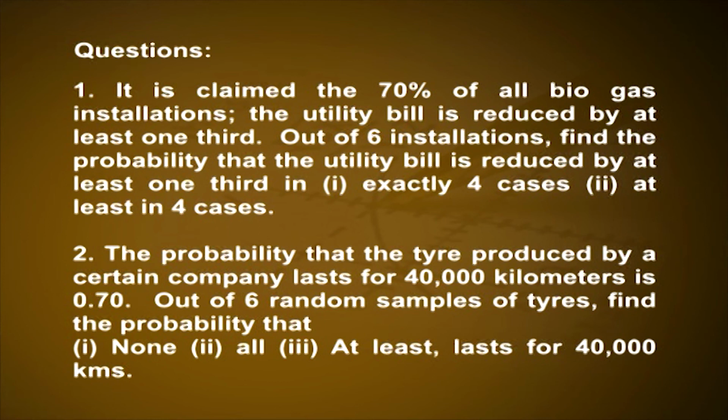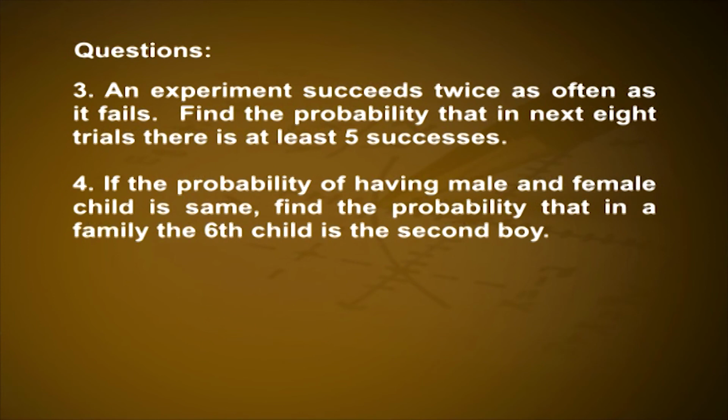2. The probability that a tire produced by a certain company lasts for 40,000 kilometers is 0.70. Out of 6 random samples of tires, find the probability that none, all, at least last for 40,000 kilometers. 3.